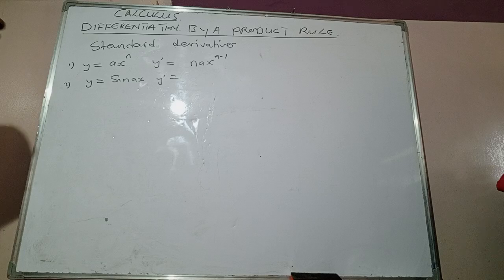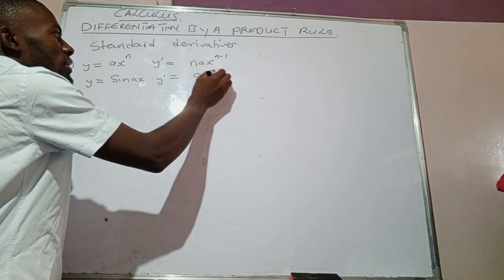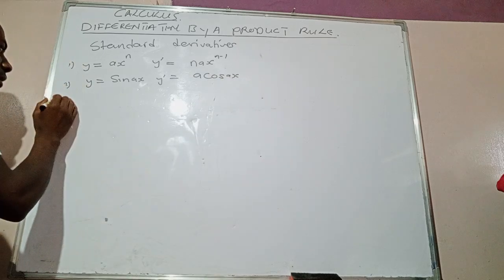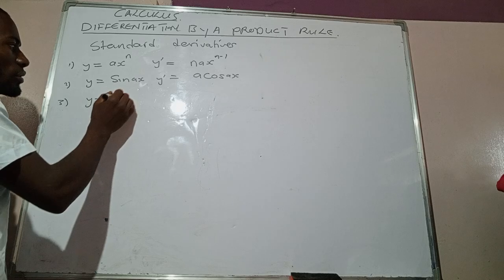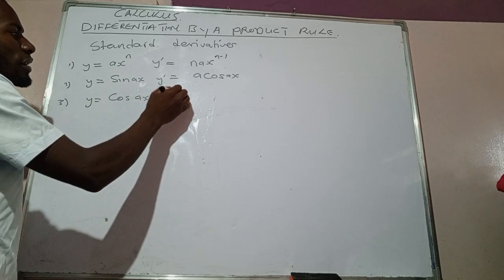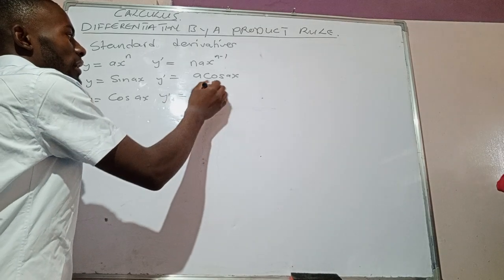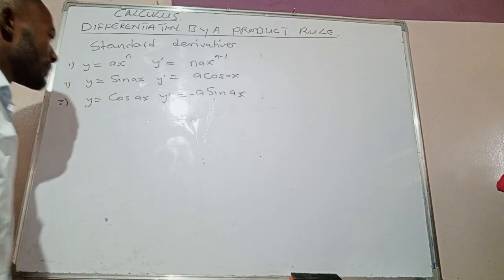The derivative of sine ax is a cos ax. The third one, when you have y is equal to cos ax, its derivative is negative a sine ax.